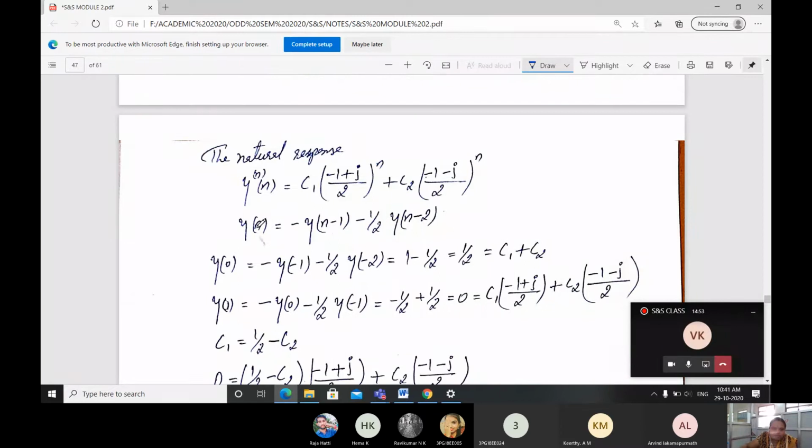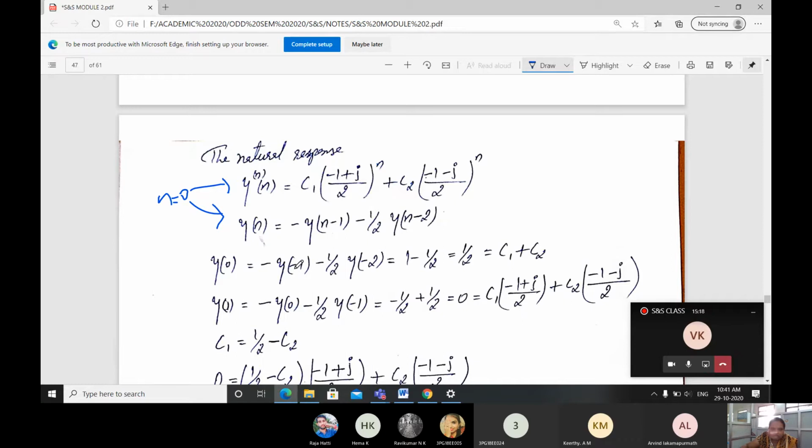Next what you have to do, we have to substitute n as 0 in both the equations. Okay, when putting n as 0 you will be getting minus y of 0 minus 1, then minus 1 by 2 y of minus 2, n is 0, right, for that reason.